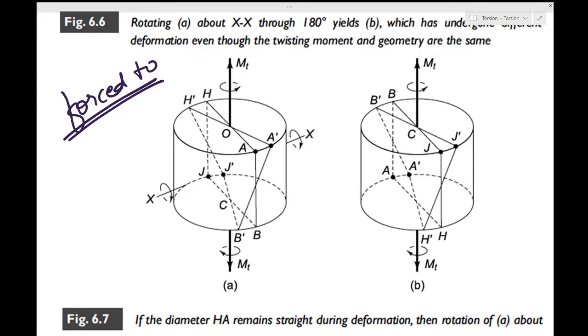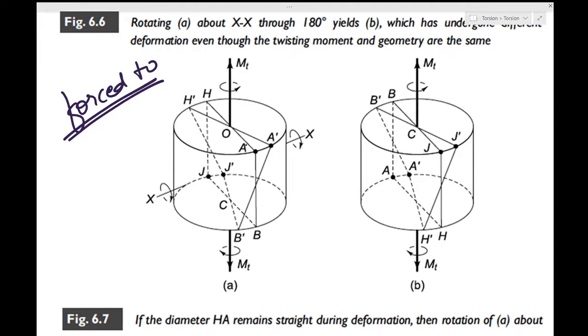This is the most straightforward stuff. This HOA straight line gets carried forward to H dash OA dash as a straight line, and this BCJ gets carried forward to BCJ dash as a straight line. So this will have geometric compatibility, and it will also not violate the symmetry argument if you try to rotate it.